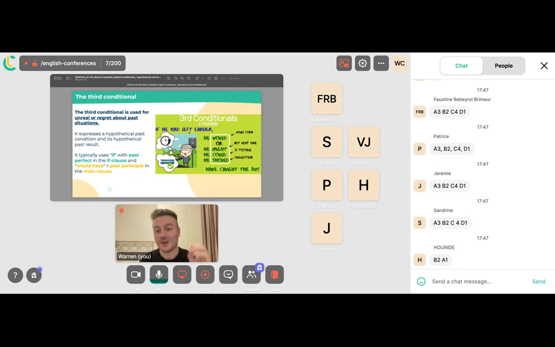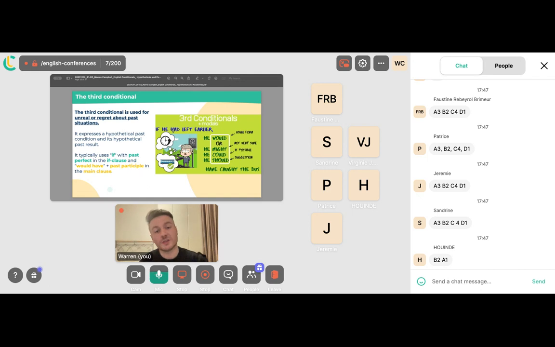Now, once again, a good way to remember this grammar: I mentioned before with the first conditional, we use the first form of the verb, the base form. The second conditional, we use the past simple or second form. And the third conditional, we use a past participle, in other words, the third form. Left. So leave, left, left.